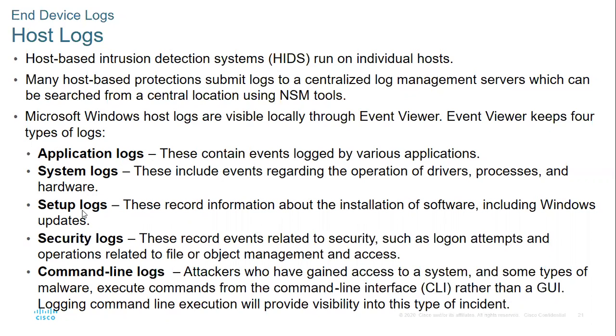Setup logs, when you are installing software, there are also some logs generated there. Security logs, these are the messages related to security, such as logon attempts, and operations related to file or object management and access.